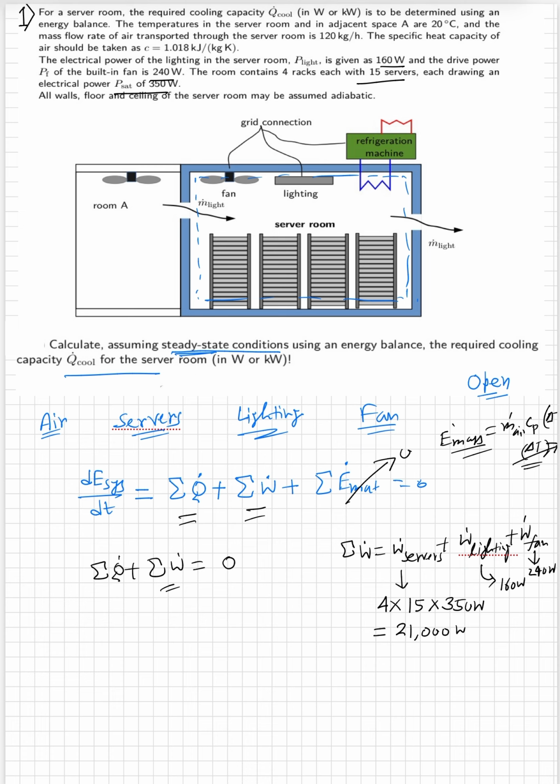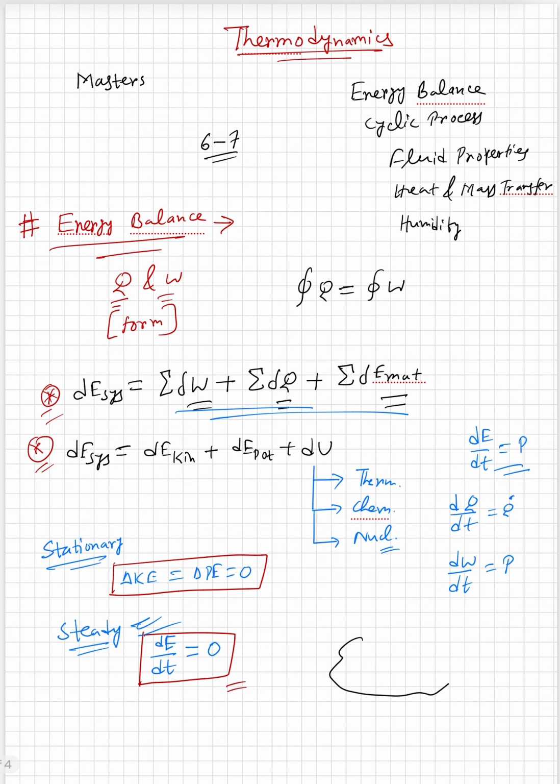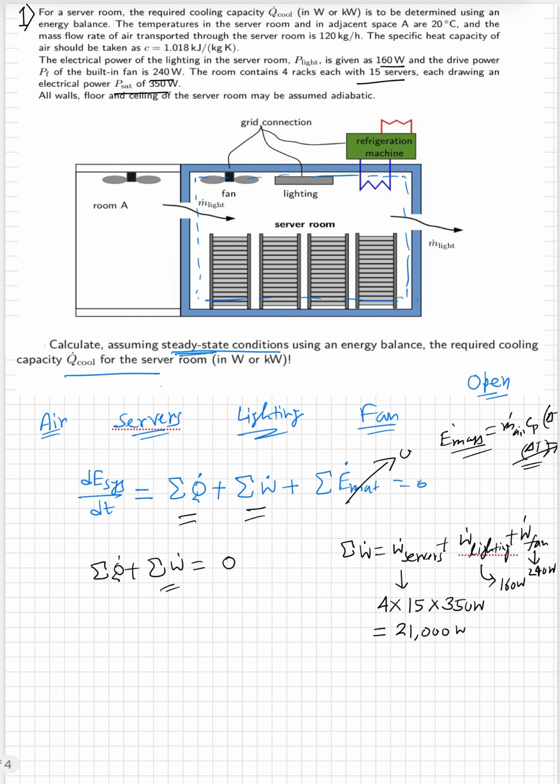And I want to mention one thing here: when you are adding heat to the system, you write plus Q, the sign will be positive, and if the heat is removed, or rejected from the system, then it will be minus Q. And if you are supplying work to the system, then it is minus W, or if the work is produced by the system, or done by the system, then it is plus W. So here the heat is negative because we are cooling the system.